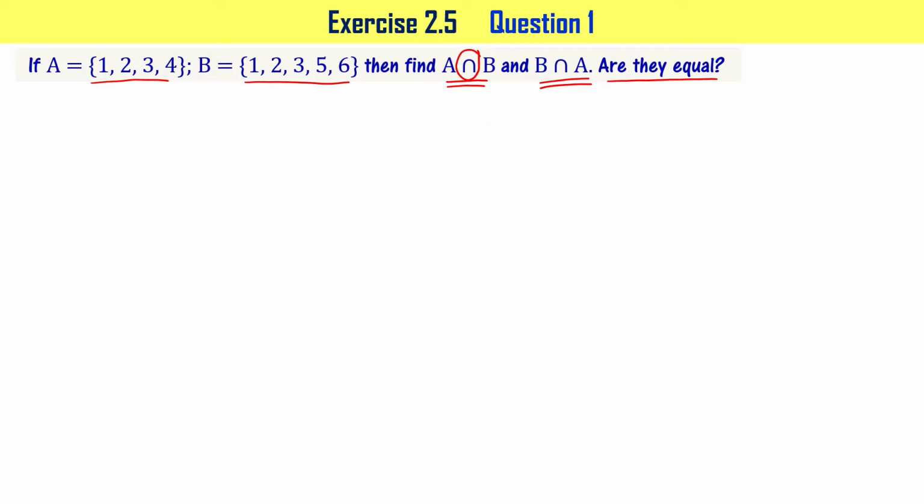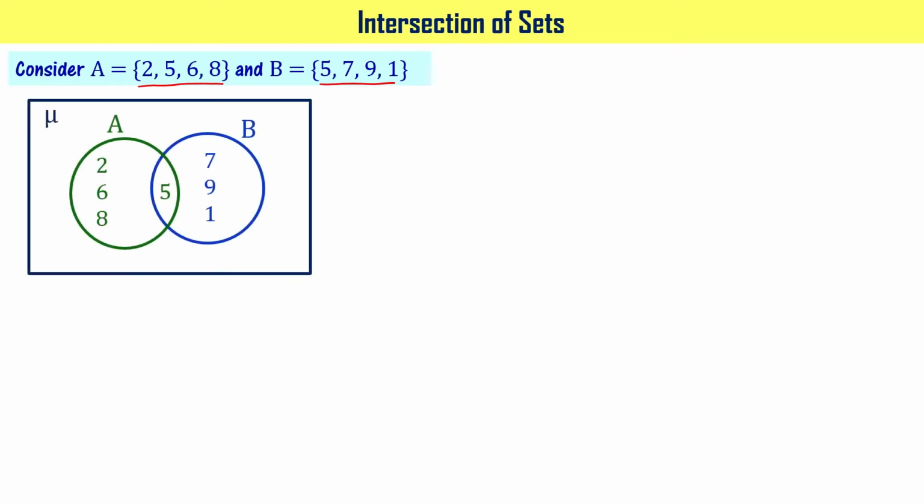Before solving this problem, I would like you to quickly recall what it means by intersection of sets. For that, let's consider an example. Here I am considering two sets. Set A has elements 2, 5, 6 and 8 and set B has elements 5, 7, 9 and 1. Let me represent these two sets in the Venn diagram form.